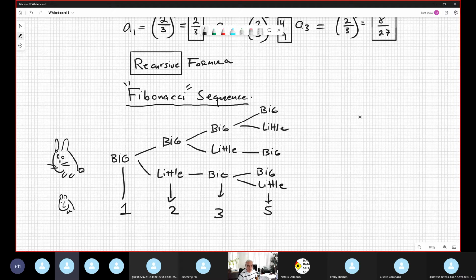So this is a natural number: n equals 1, n equals 2, n equals 3, n equals 5. Let me continue to understand, and after that I will try to discover the formula. For the big, again, we have big and little.